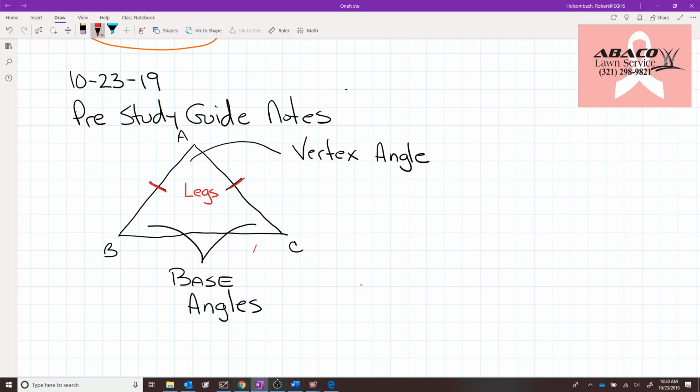This third side is called the base. And now, in a triangle that has two congruent sides, the angles that are opposite those sides, angle B and angle C, are congruent.